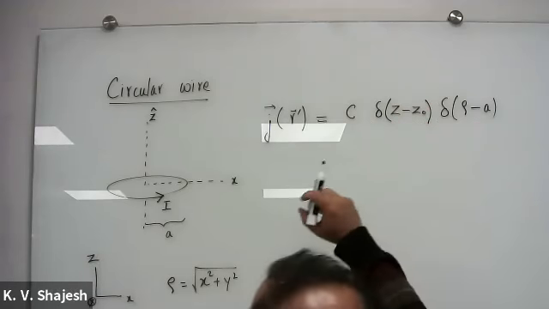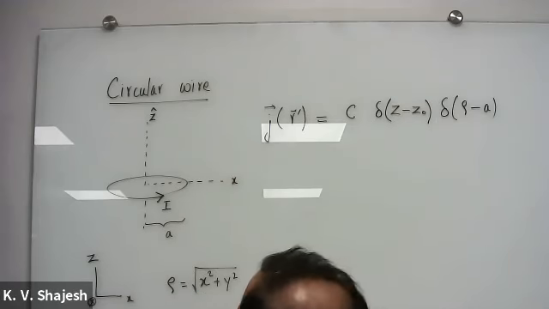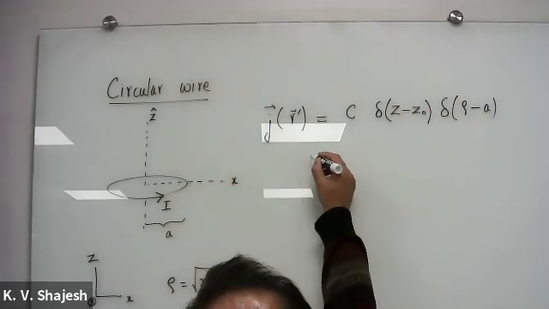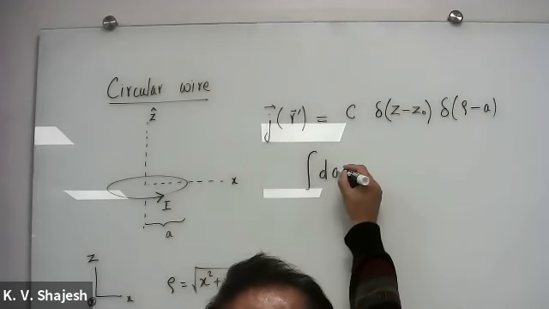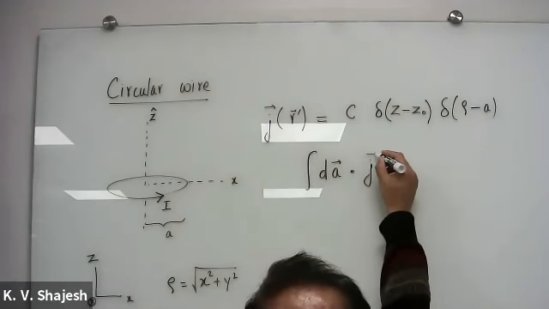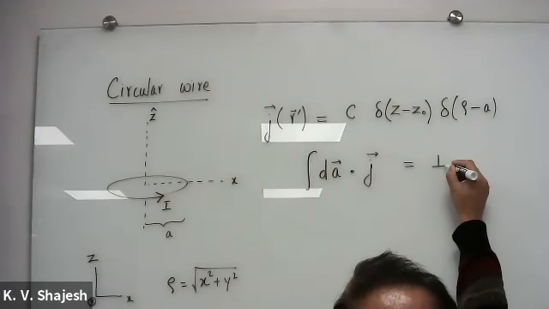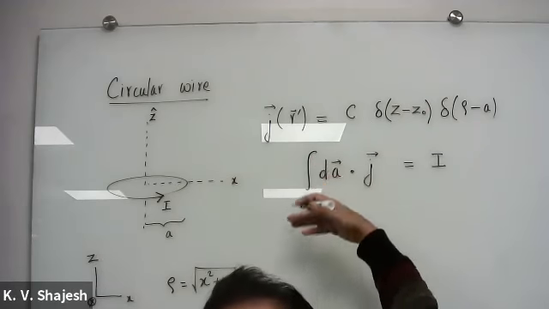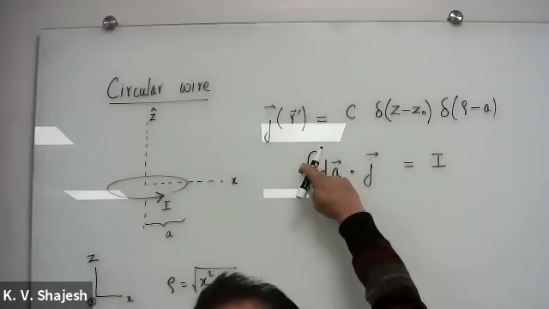Okay. Now the current when it is going through an area should be I. So first pick an area. This is the way you will normalize. So the current passing through an area has to be equal to I. So this is not a closed area, right?